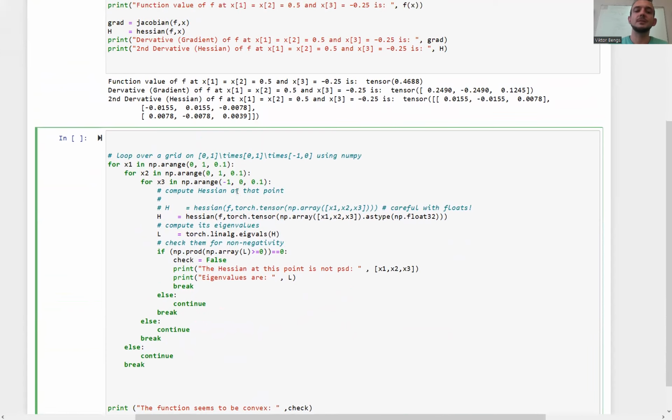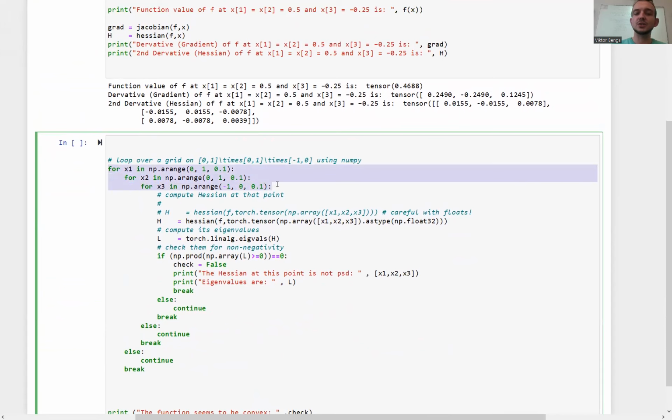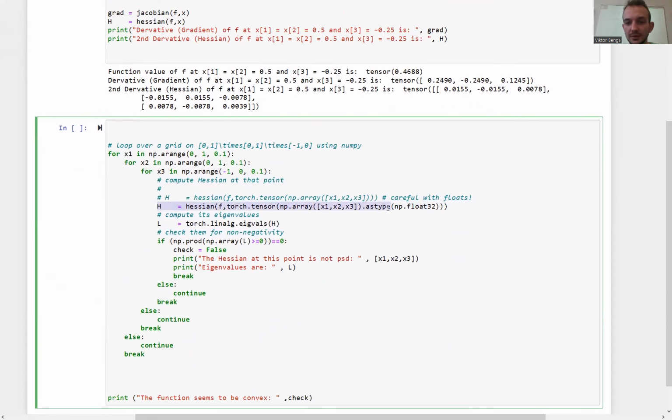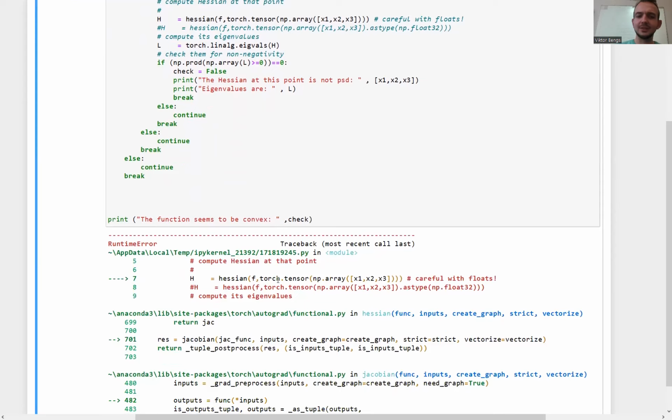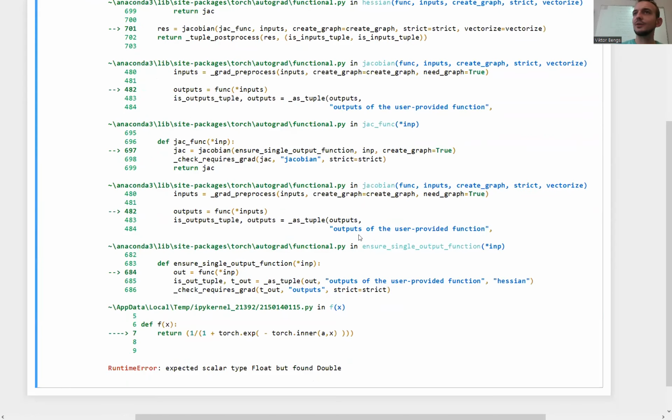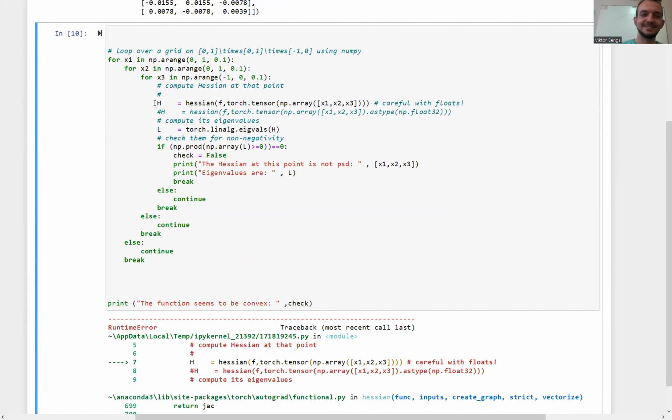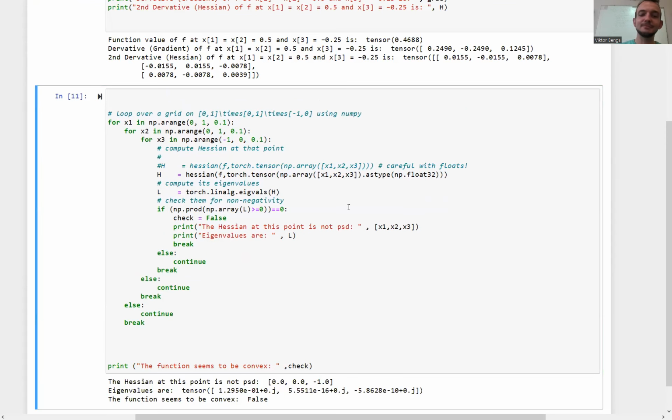What happens with convexity? Now we have a three-dimensional function. It's mapping three-dimensional, so we have here 3 for loops nested in each other. And then of course here, this was something I was confused about for a while. If you would run this, you get here a problem with float. Therefore, here as type float, then it's working.